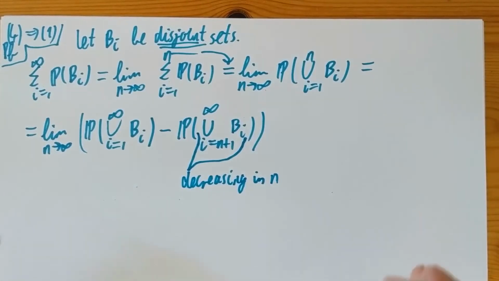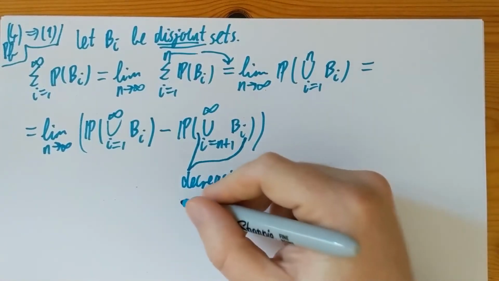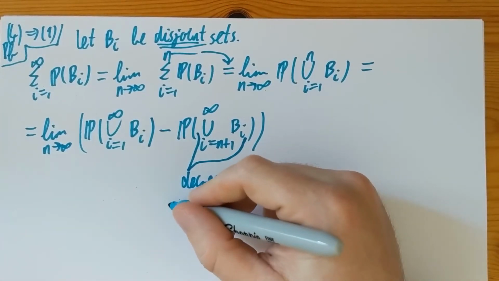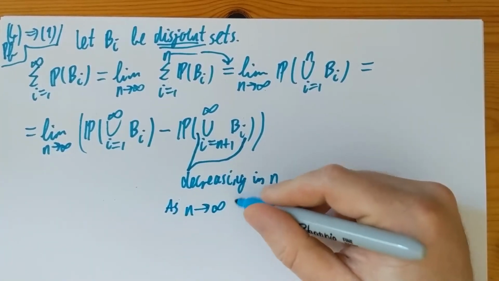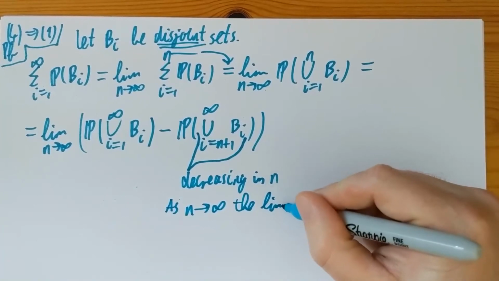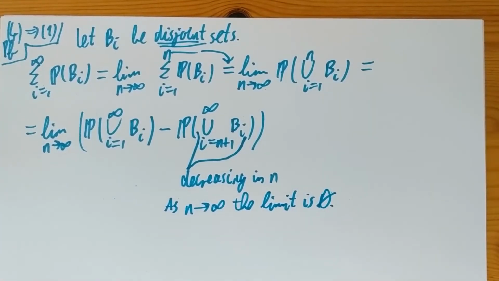So if I take the union of less and less of these B_i's, then I can only decrease in size. I'm just taking less and less points in my union. But the claim is that also this will decrease to 0. So as n goes to infinity, the limit is empty. Okay, so why is that?